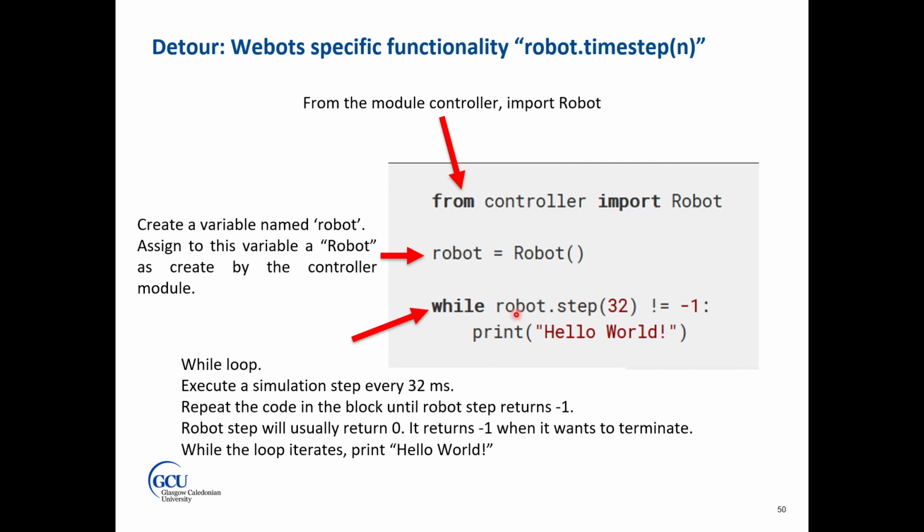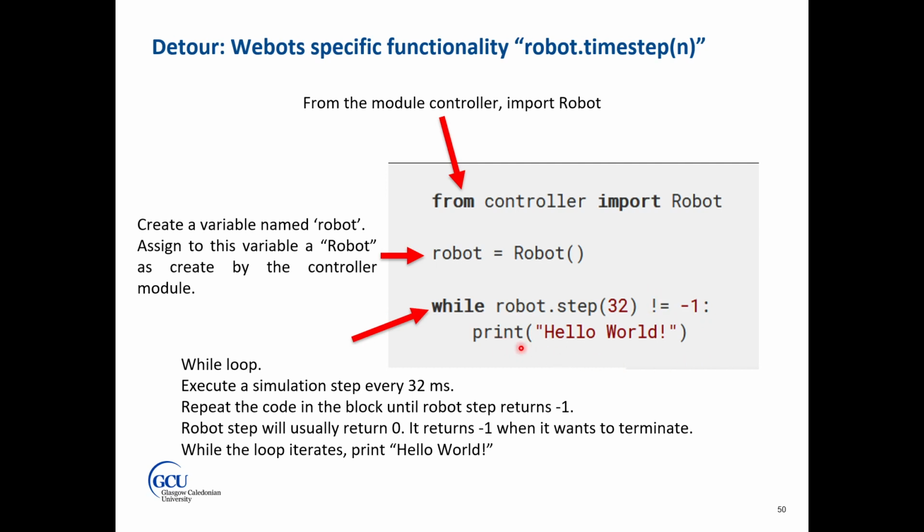It's only going to return a -1 when the execution stops or when there is a problem. So robot.step(32) is going to return a 0. 0 is different from -1. The exclamation equals means different. And therefore it's going to come to the body of the while loop, and it's going to print hello world.